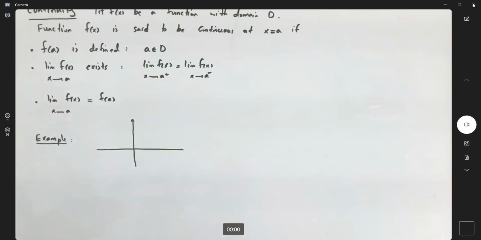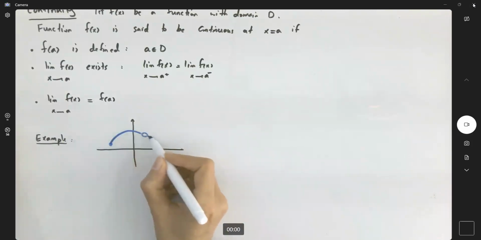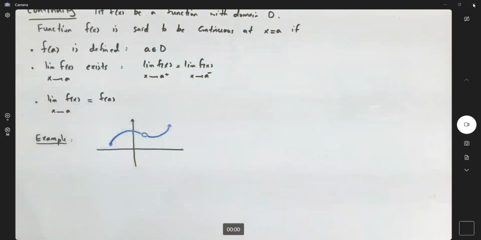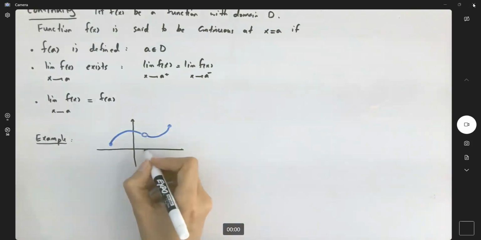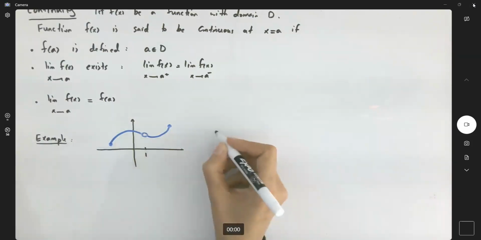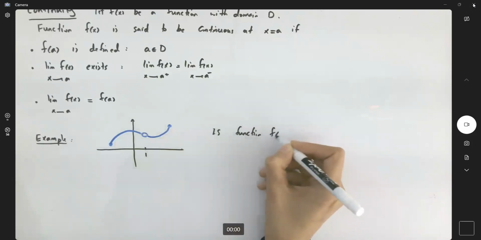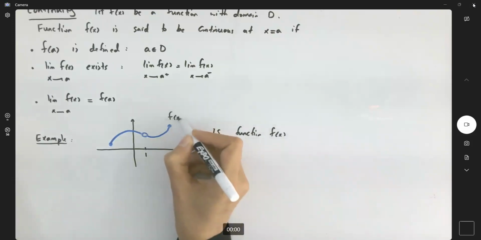You have just a piece of a function. The function has a hole. And suppose this is 1. Is the function continuous at 1? Let's call it f of x.